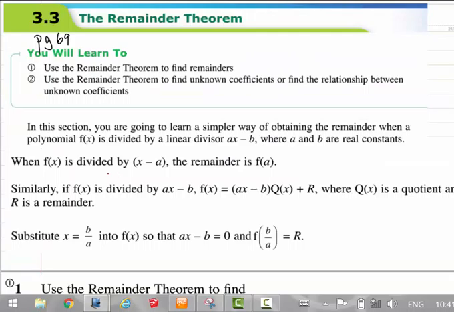Remainder theorem says that when f of x is divided by x minus a, the remainder is f of a, because we're trying to make the divisor 0. So x minus a is 0, therefore x is a.